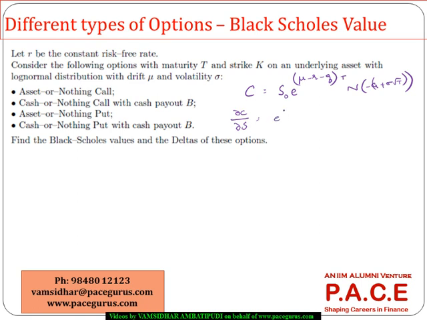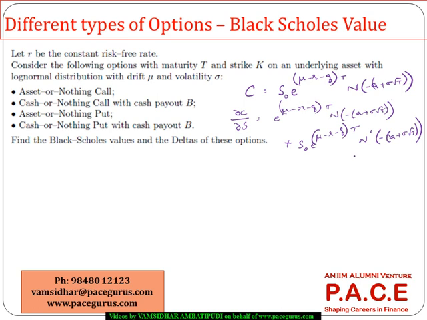So I'll take e power mu minus r minus q times t, N of minus of a plus sigma root t. This is one term, plus S naught e power mu minus r minus q times t, N dash of minus of a plus sigma root t.